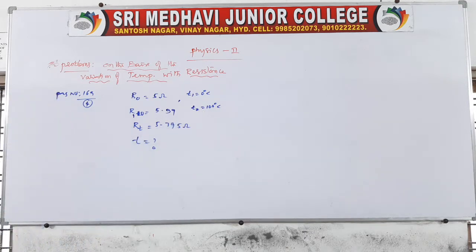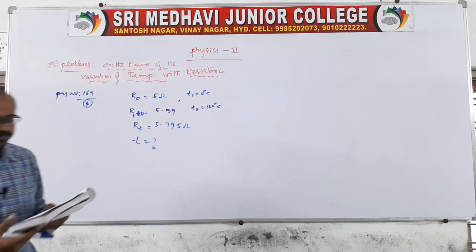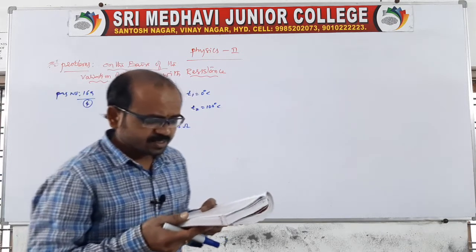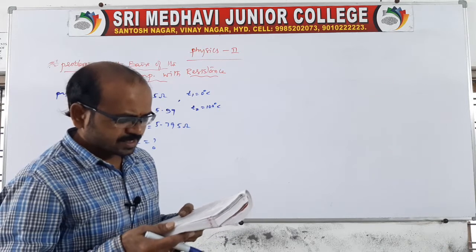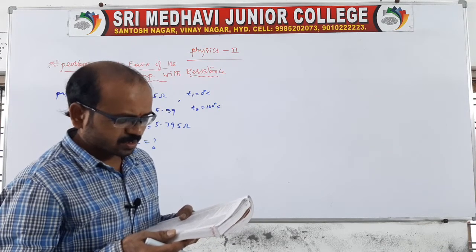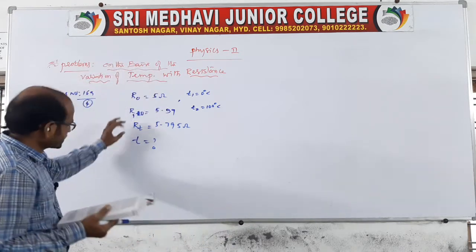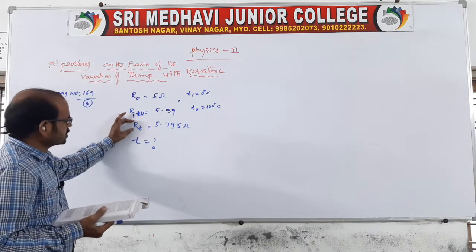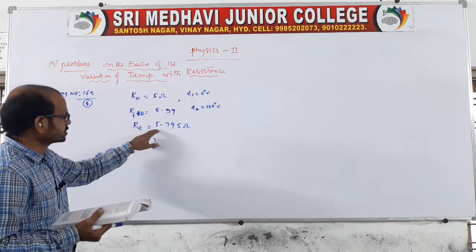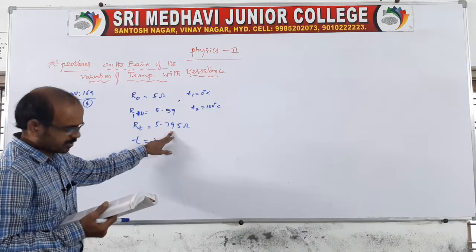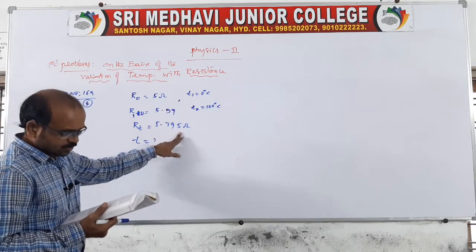Now, when the thermometer is inserted in the hot bath, the resistance of the thermometer changes to 5.795 ohm. Calculate the temperature of the bath.